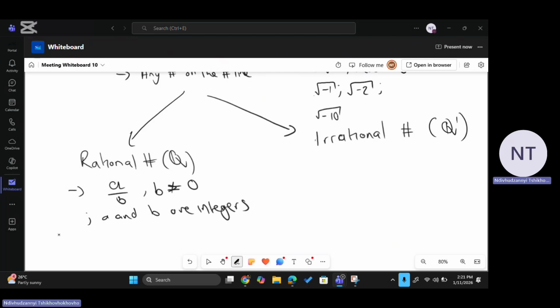If you see a number that you can identify as a fraction and the denominator is not 0, that's a rational number. Another condition is that it can be an integer, a whole number, a natural number, things like that. You can also say a mixed fraction.